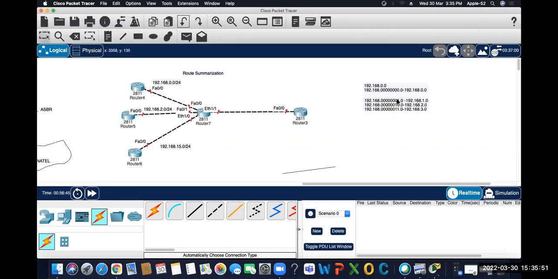Why can I write in this way? Because I know that these zeros come at the places 128, 64, 32, 16, 8, 4, 2, 1.